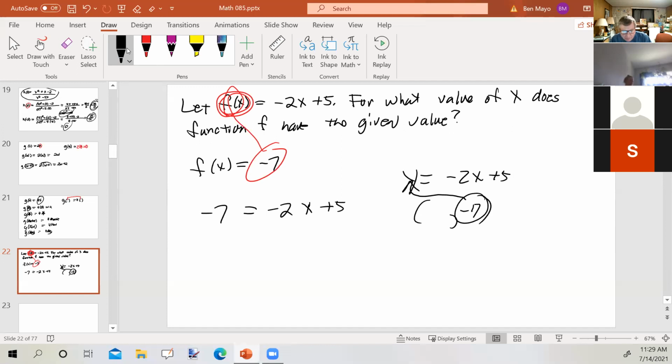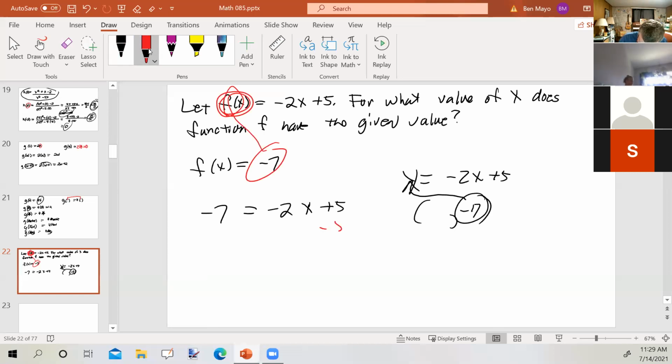We're not finding f of negative 7. F of x, that whole y, is negative 7, okay? They've given us the output. This is like Jeopardy. They gave us the answer. What's the question? They gave us the output. What's the input? What do we put in to get negative 7 out?